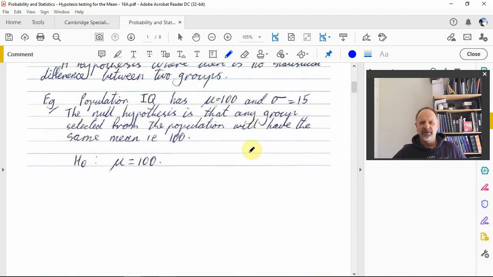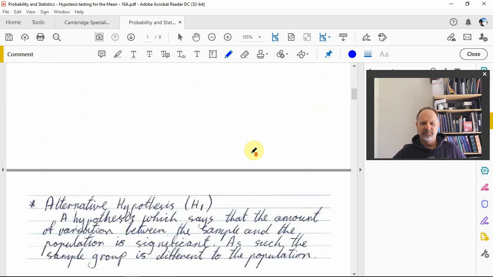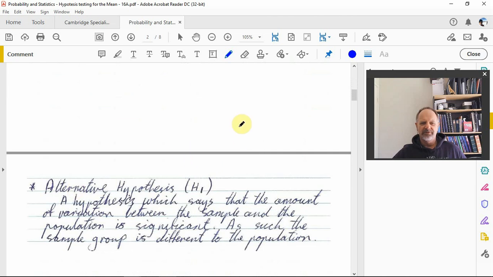Then you come up with an alternative to the null. The alternative hypothesis, H1, says there's a variation, and that variation is significant. In other words, the sample group is different to the population.